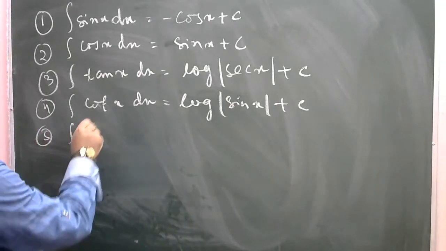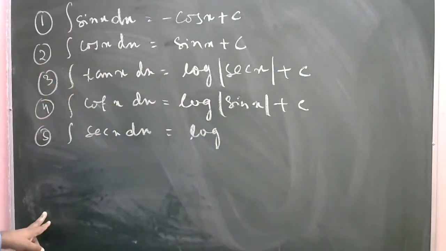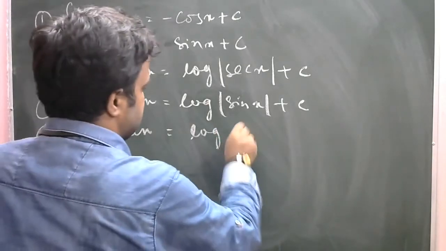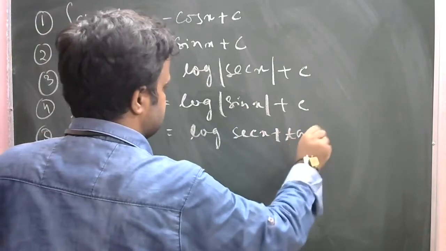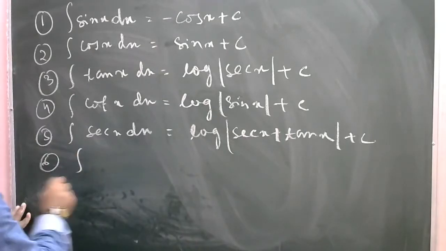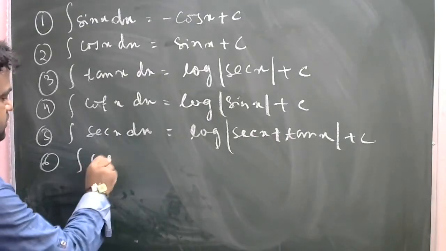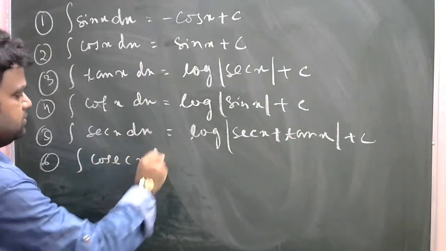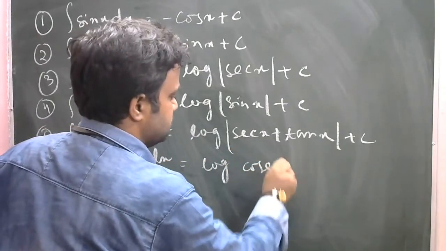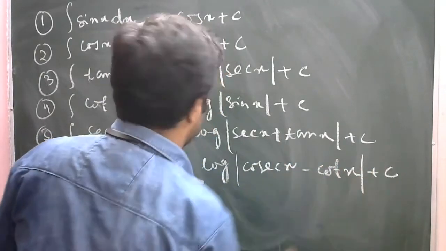Integration of sec x dx is log of mod sec x plus tan x plus c, and integration of cosec x dx is log of mod cosec x minus cot x plus c.